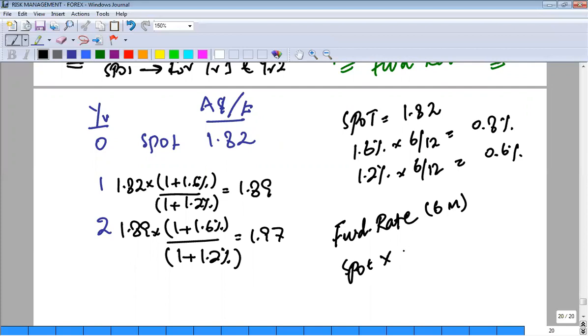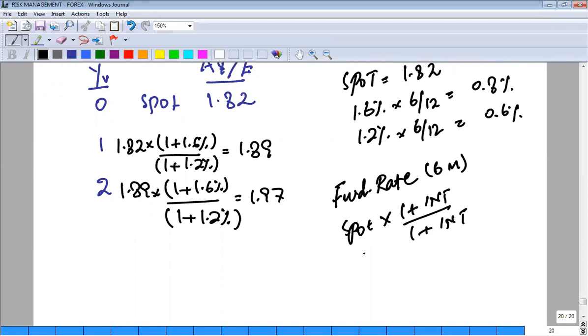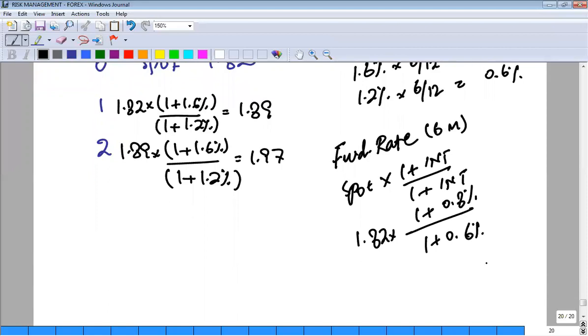Spot multiplied by 1 plus interest over 1 plus interest. The rule for the numerator and denominator is the same as discussed earlier. 1.82 multiplied by 1 plus 0.8% for the Australian dollar per sterling, over 1 plus 0.6%, that is 1.84854.